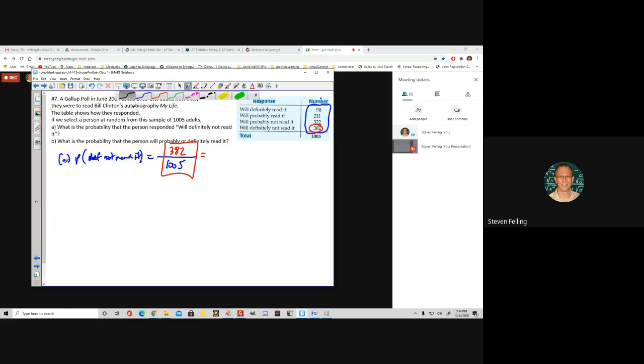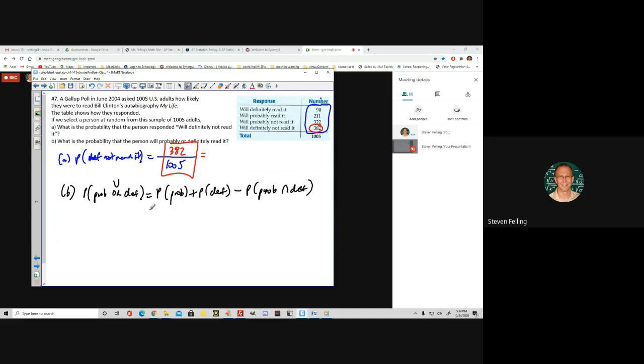Okay, in part B, it says, what's the probability that a person will probably or definitely read it? Okay, so that's going to be the probability that someone probably reads it, plus the probability that somebody definitely reads it, minus the probability that they probably read it and definitely read it.